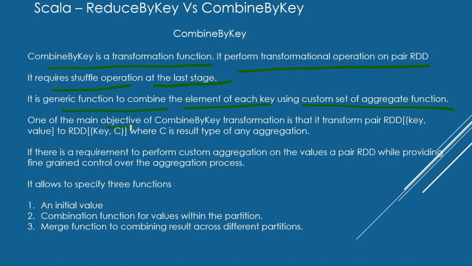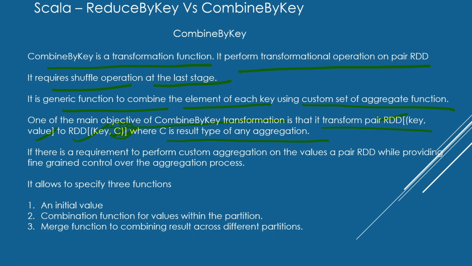One of the main objectives of the combineByKey transformation is that it takes a pair RDD, key and value, as an input. It also returns a pair RDD, but the data type would be different. This C is the result of any type of aggregation. Whichever type of aggregation we are performing with the help of combineByKey, this C is the result type of that aggregation.